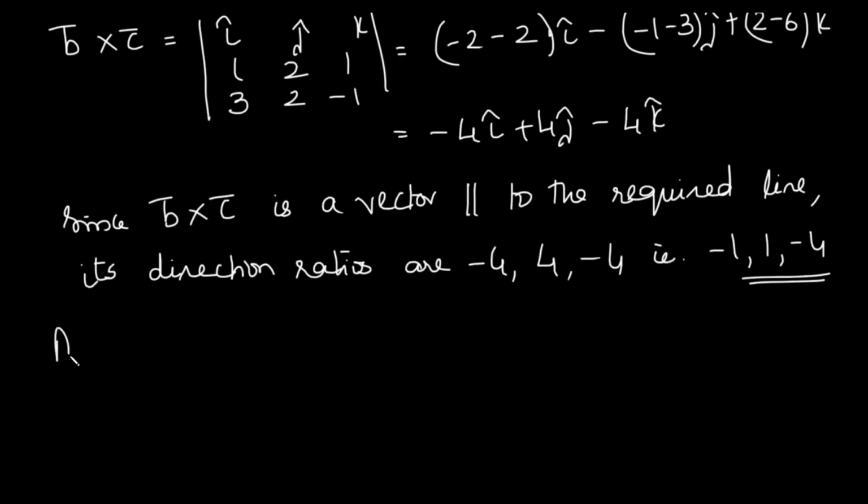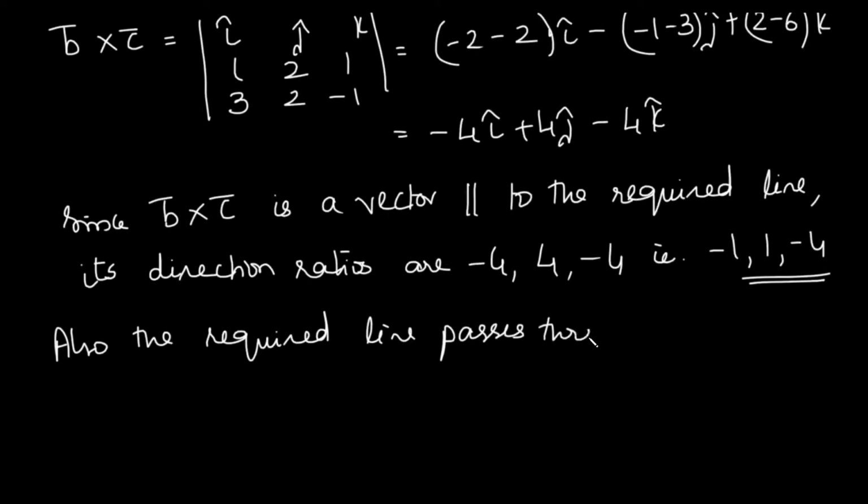They have also given us one more data over here. The required line passes through point A, having the coordinates 1, 1, 2. That means we already have x1, y1, z1.